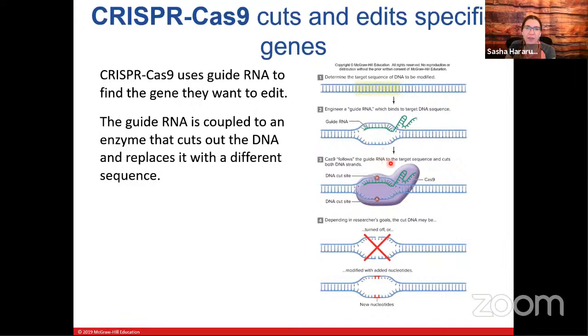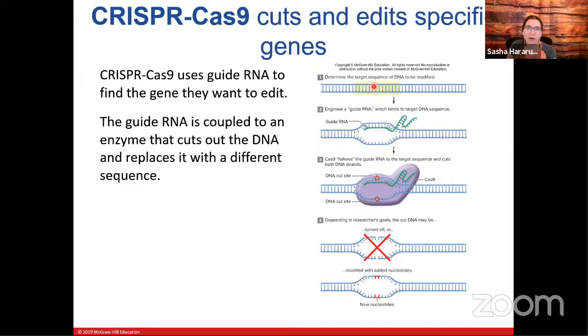Then the enzyme called Cas9 follows the guide RNA to the target sequence and cuts both DNA strands. So it envelopes the target sequence and cuts the DNA over here or over here. Then depending on the researcher's goal, the cut DNA may be turned off, or it can be modified with added nucleotides.